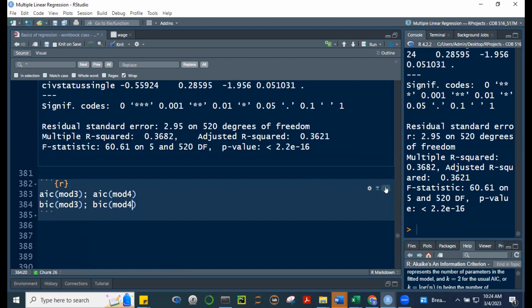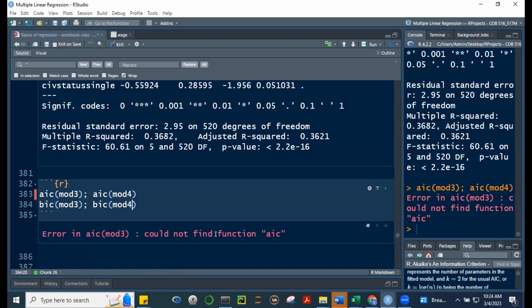All right, so let's run this. Ay, sorry. Capital. Capital nga pala. I was thinking of a variable. AIC, sorry, BIC. AIC.